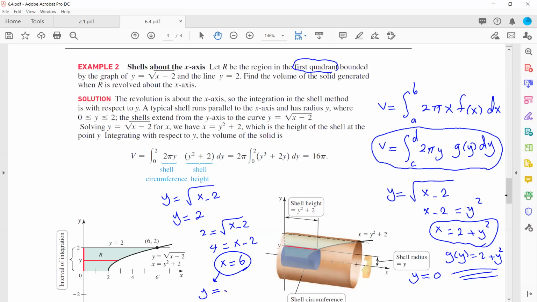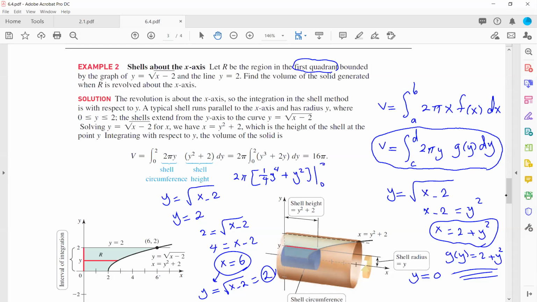Y is equal to the square root of x minus 2, which is 2. So the volume is the integral from 0 to 2 of 2 pi y times g of y, which is y squared plus 2, dy. Now you distribute y into the parentheses and take the integral. 2 pi stays outside the integral. The integral of y cubed is one fourth y to the fourth, and the integral of 2y is y squared.